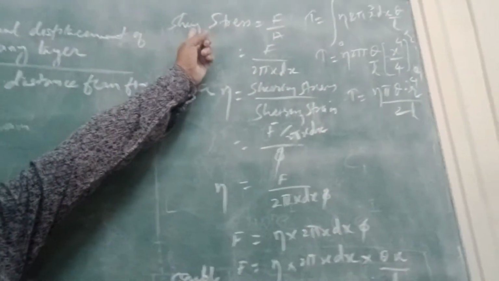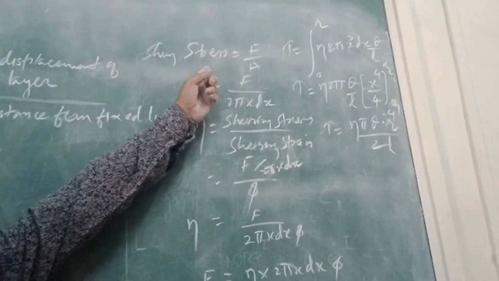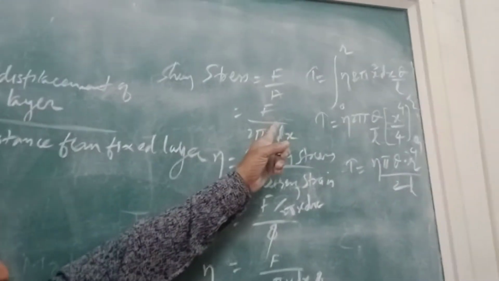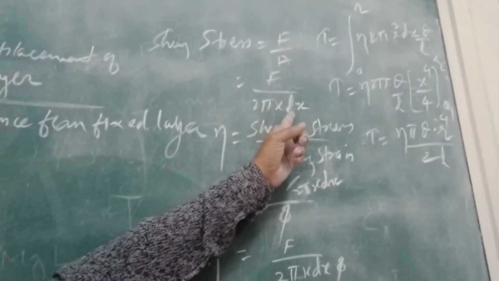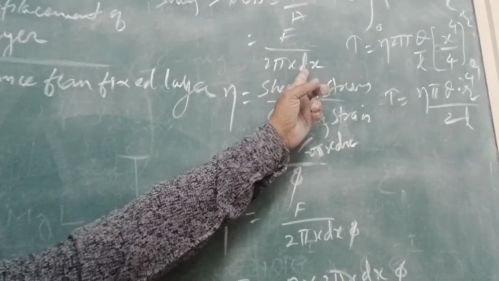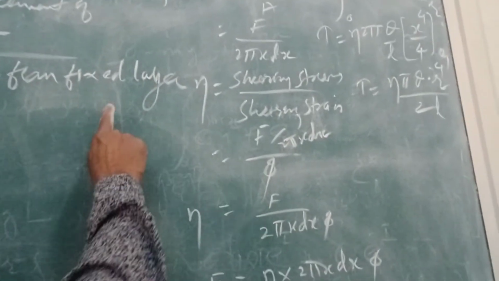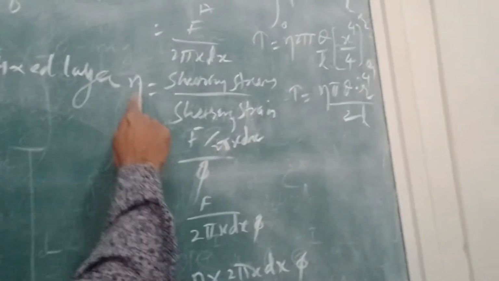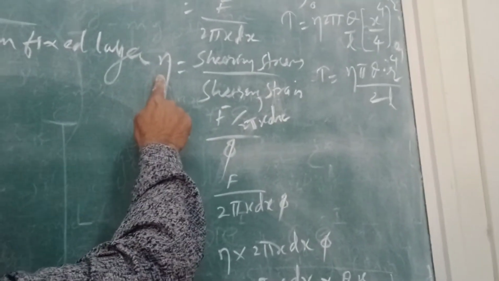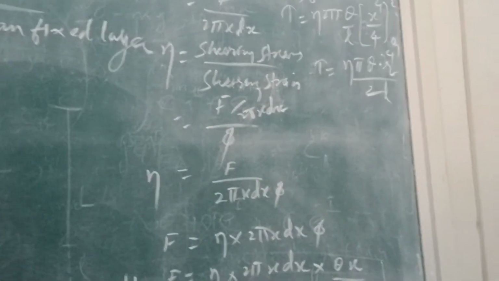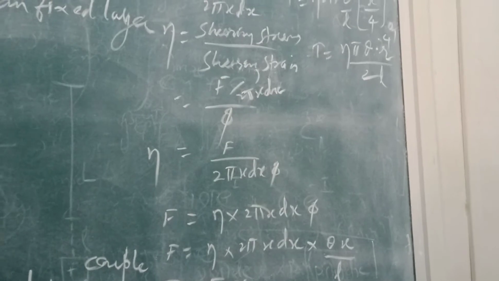Now I will calculate the shearing stress as F upon A, that is equal to F upon 2 pi x dx. Area is calculated as 2 pi x dx. Therefore the modulus of rigidity is shearing stress upon shearing strain. I already calculated the shearing strain.